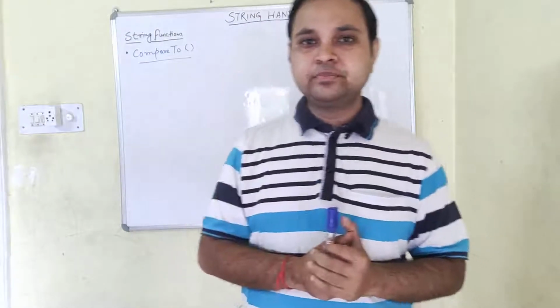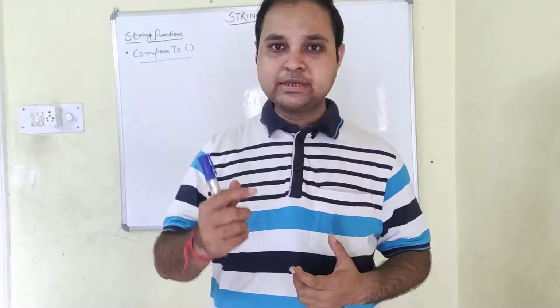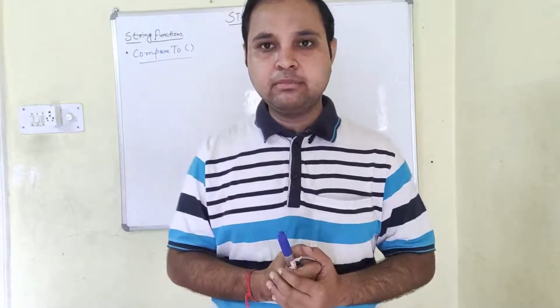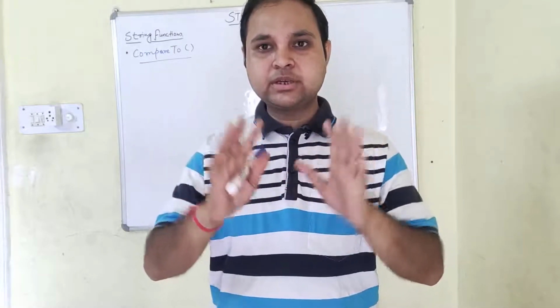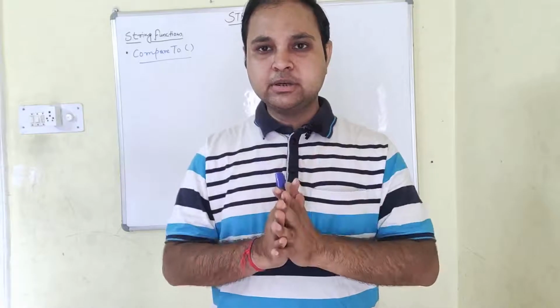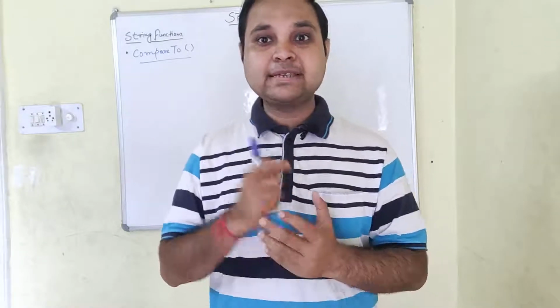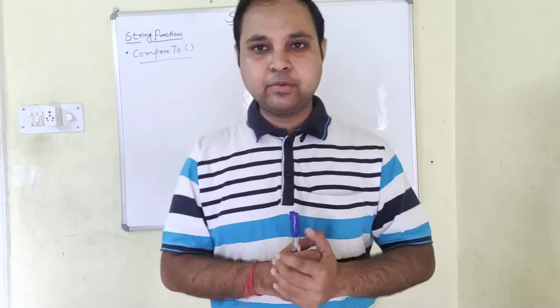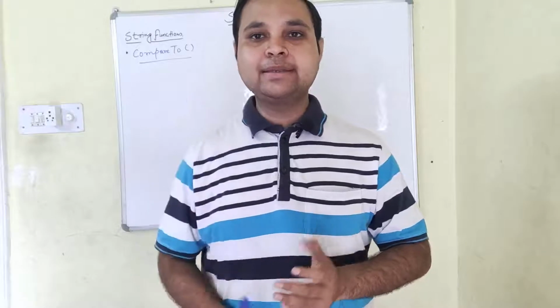Suppose I take apple as one string and banana as another string. If I write both strings in uppercase, all the letters in uppercase, what is the ASCII value of apple's A? It is 65. And what is the ASCII value of banana's B? It is 66.